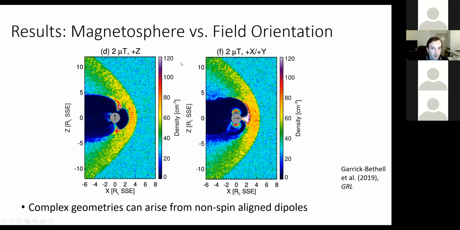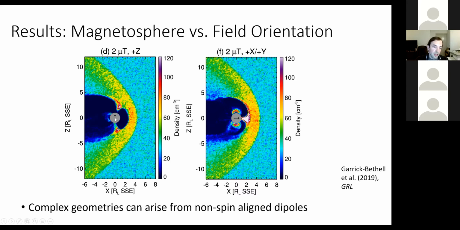And then we also played with the field orientation. This is for a dipole field pointing up in the page. Then you also have the case where the dipole is pointing along this axis here, as indicated by the arrow. On the Earth, the spin axis is aligned with the dipole axis, right? The North Pole is close to the spin axis.